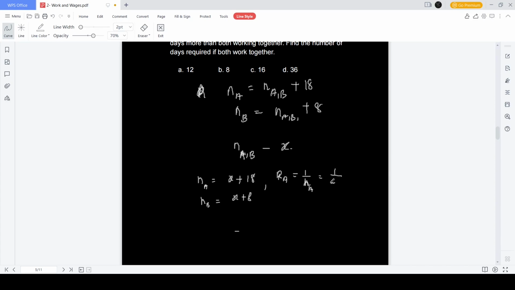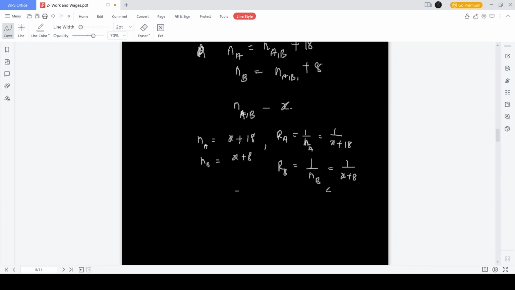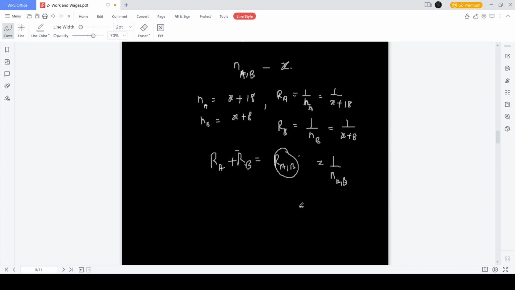So that is nothing but 1 by x plus 18, and rate of B is 1 by n of B, which is 1 by x plus 8. Knowing these two conditions, we know that rate of A plus rate of B is nothing but rate of A and B together, correct? And rate of A and B together is nothing but 1 by n of A and B. So for the simplicity of this question, we selected n of A and B as x, so we get this as 1 by x.